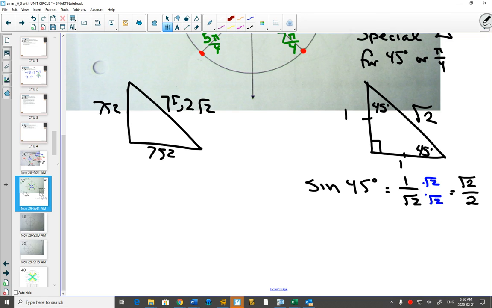And it's equal to root 2 over 2. Cos of 45 degrees will also be adjacent over hypotenuse, 1 over root 2. So I'll just write it as root 2 over 2 right away. And tan of 45 degrees is equal to 1.